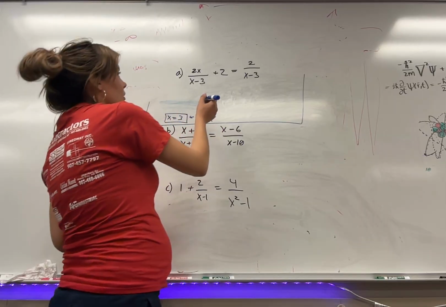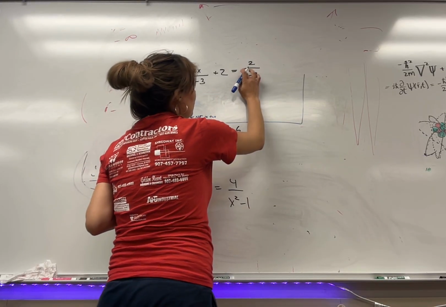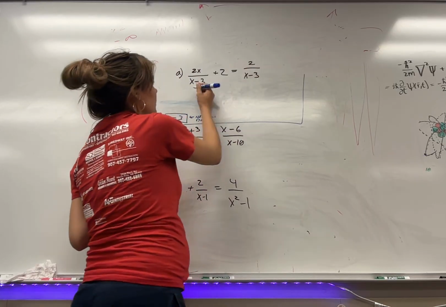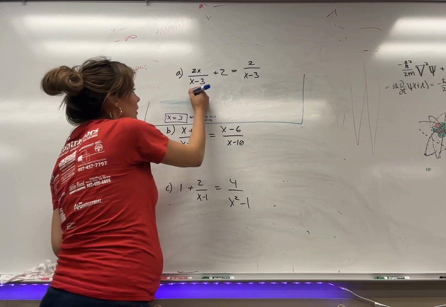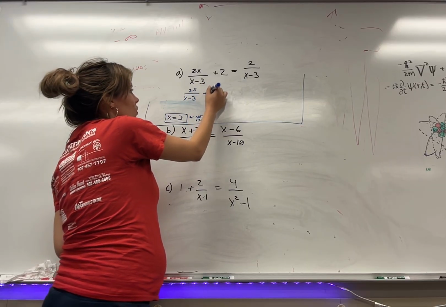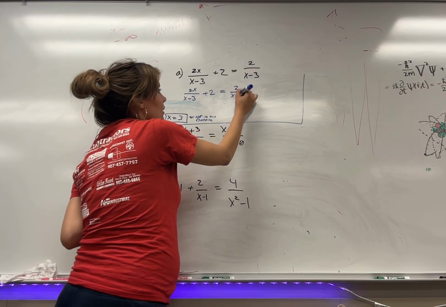Well, step 1, we're going to multiply the top and the bottom of, well, it's easiest to isolate this 2 on this side. So what we get is 2x over x minus 3 plus 2 equal to 2 over x minus 3.